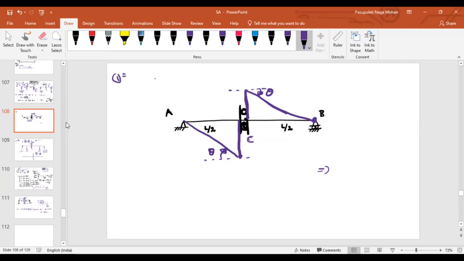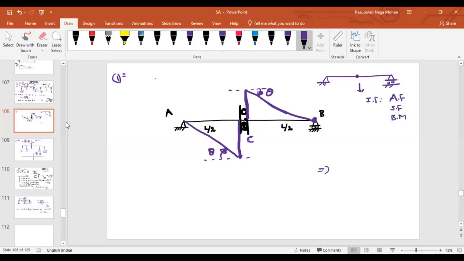We have to release the force. Let us say this is your initial beam, and this is the point you are talking about. At this point, internal forces will generate, isn't it? The internal forces may be the axial force, shear force, and bending moment.